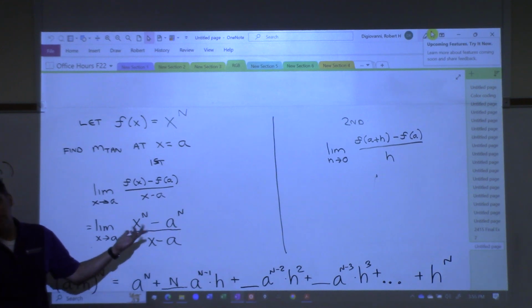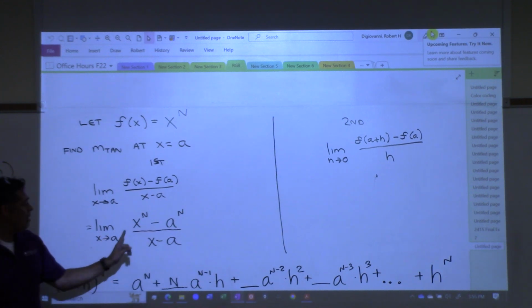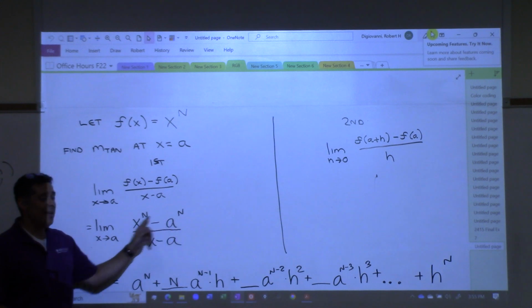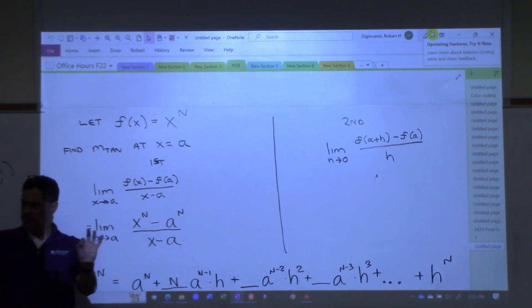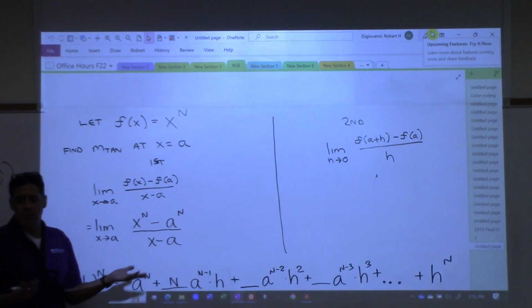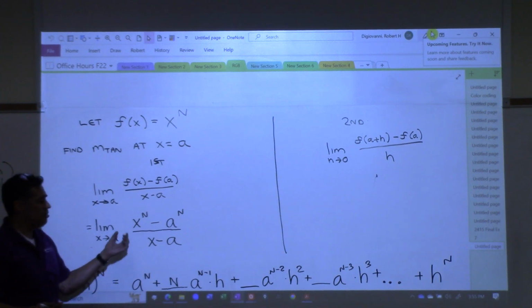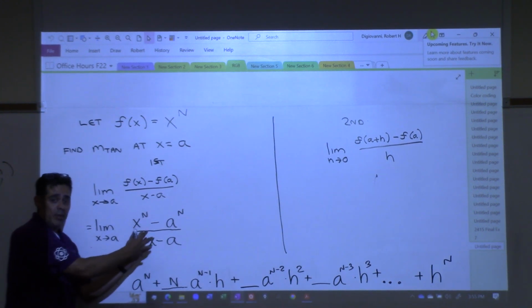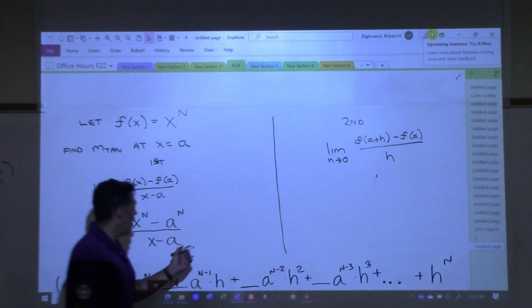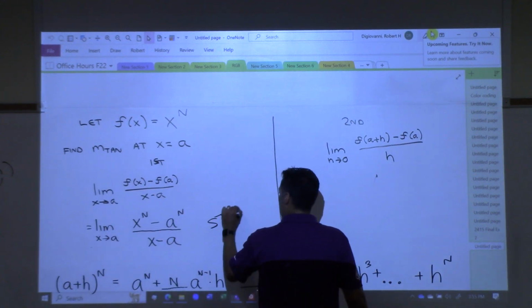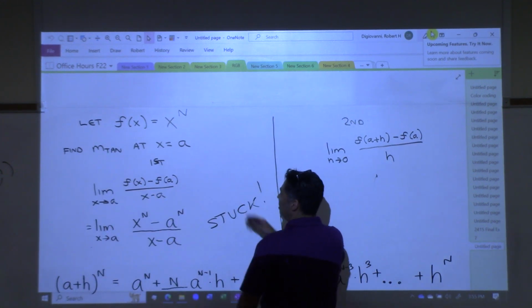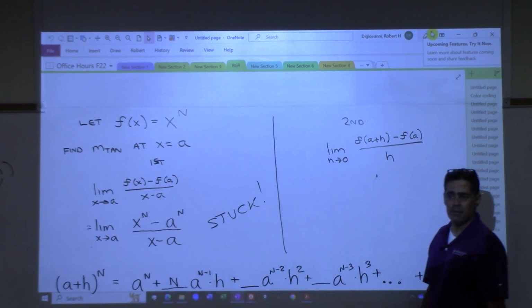I'll tell you, you can't. If n was even, then maybe you could do difference of squares, but if it's odd, you don't have anything. So generally speaking, you do not have a way of doing this. Right here, we are stuck with the first definition. We cannot figure out what that is.